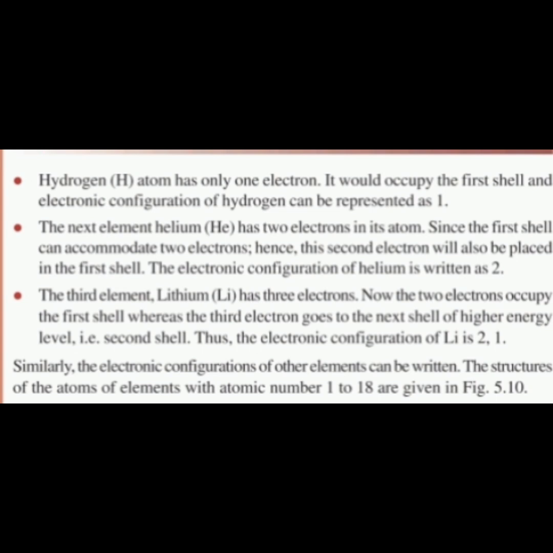The electronic configuration of hydrogen can be represented as 1 because there is only one electron.